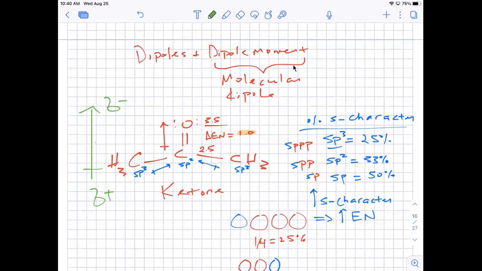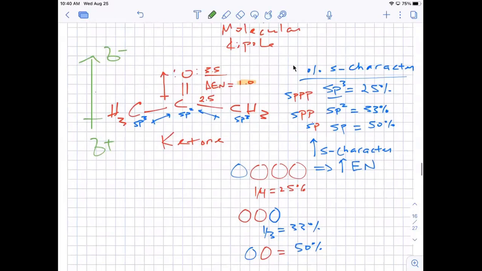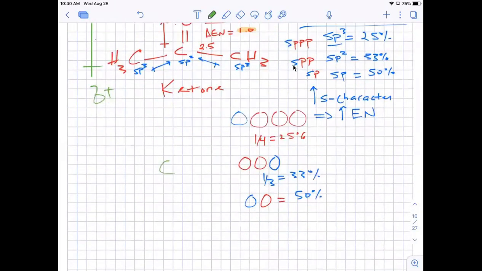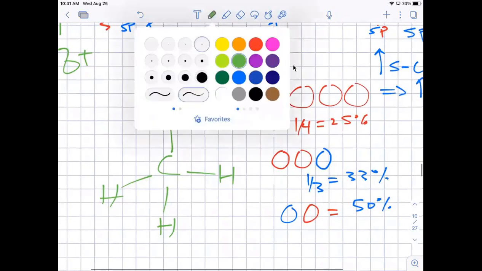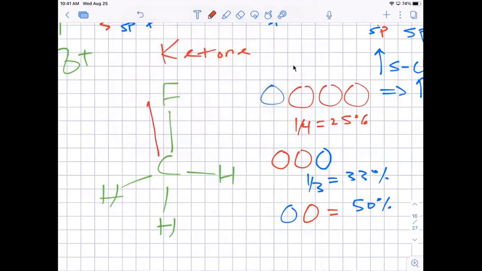So sometimes you have molecules like acetone that have a dipole. Sometimes you have a molecule like an alkyl halide, fluoromethane. Let's look at that. Now there's a big dipole between carbon and fluorine, right? We already said that earlier. And between hydrogen and carbon, that's not really a polarized bond, but the carbon is slightly more electronegative than hydrogen.